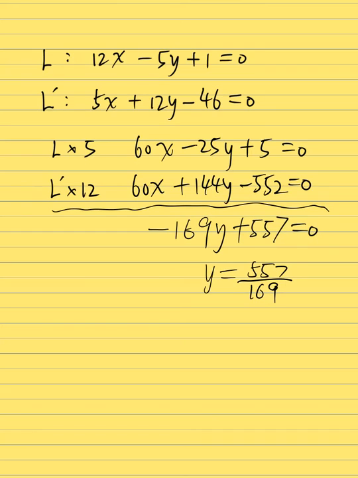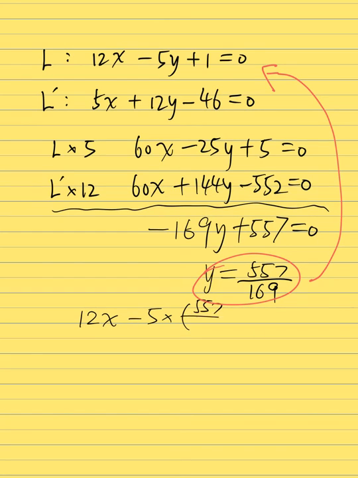Okay, using this to find x, putting y equals 557 over 169 back into the equation of L: 12x minus 5 times 557 over 169 plus 1 equals 0, then you can get x equals 218 over 169.